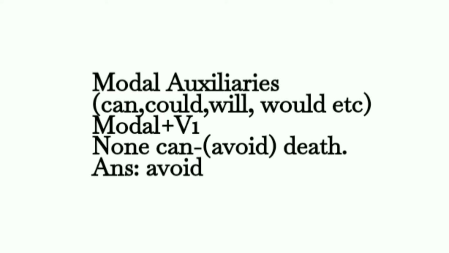For example, none can avoid death. Here, we can see the modal auxiliary can and the verb is avoid. So, the answer will be avoid. Here, we use the base form of the verb.